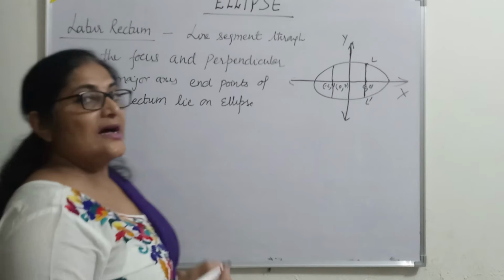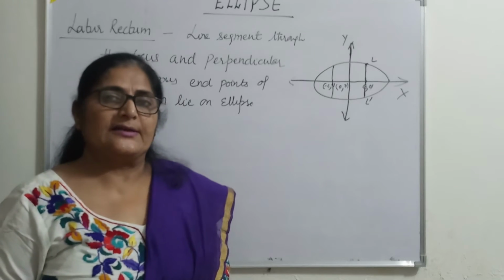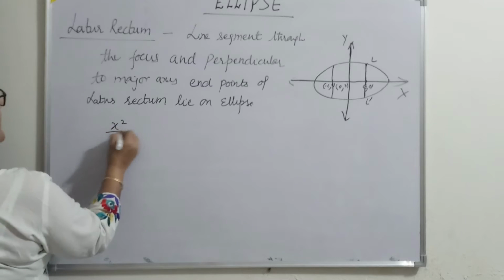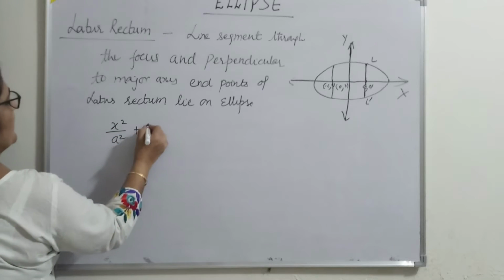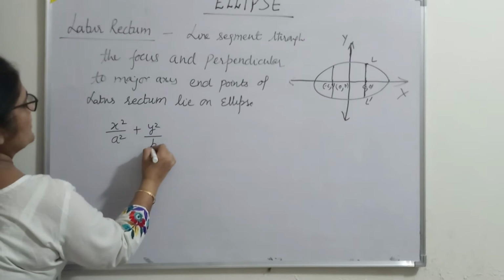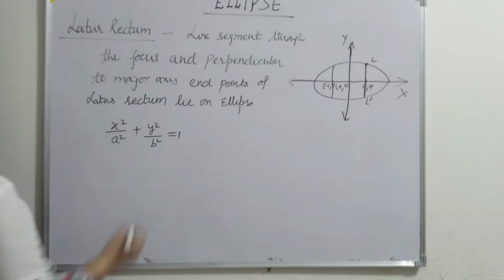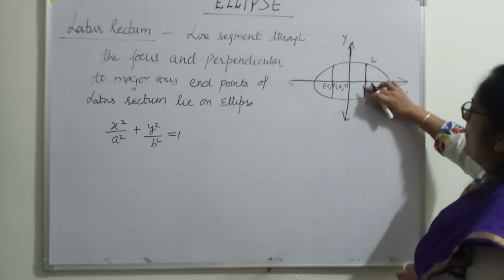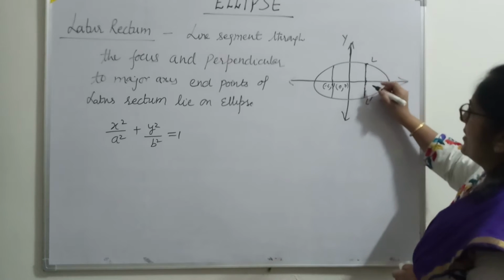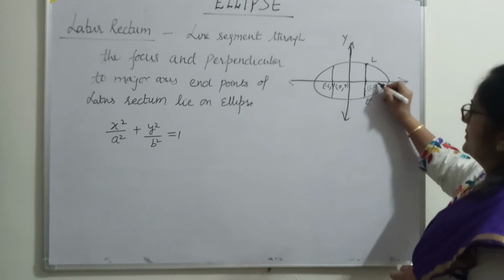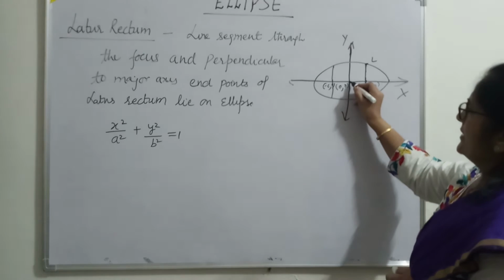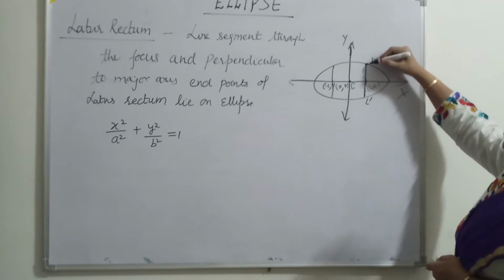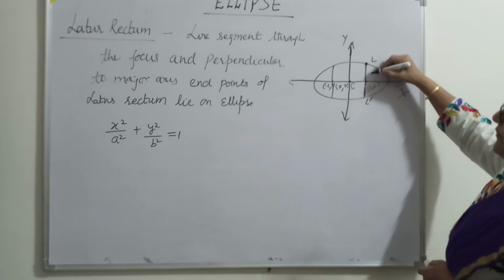So, what is the length of this latus rectum? How can we find it? We are taking x square upon a square plus y square upon b square equal to 1, and this latus rectum is passing through the focus and the center is at the origin.